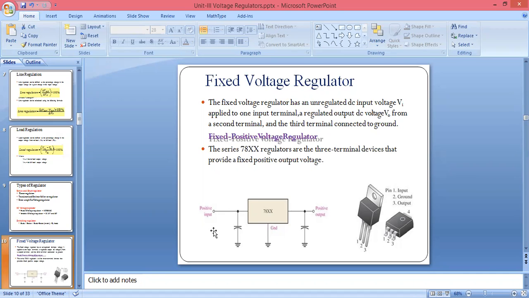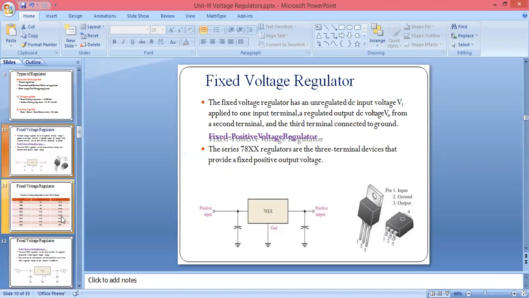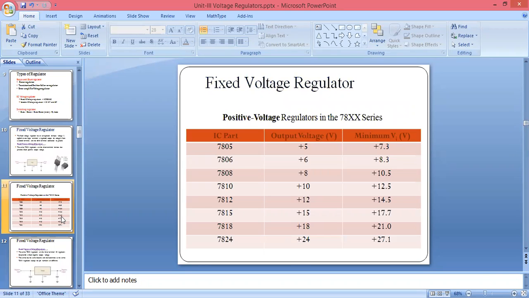So here if you see, we are having different types of positive voltage regulator in 78XX series. If we are having IC called 7805, we can take output voltage as 5 volt. That will be constant. That's why IC को ही नाम दिया है directly 78 or don't care की जगह we are taking here 05.